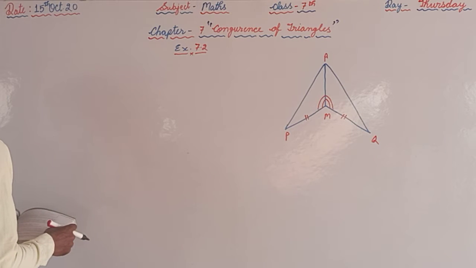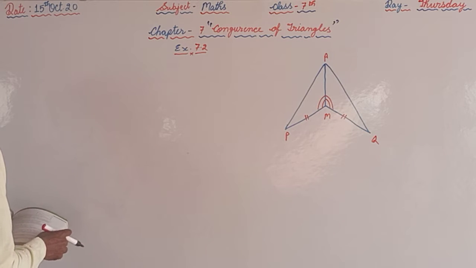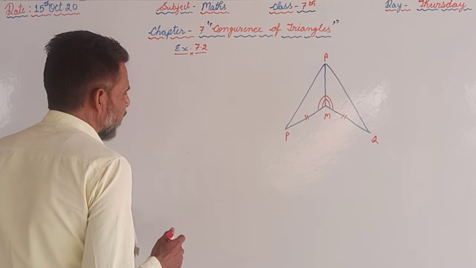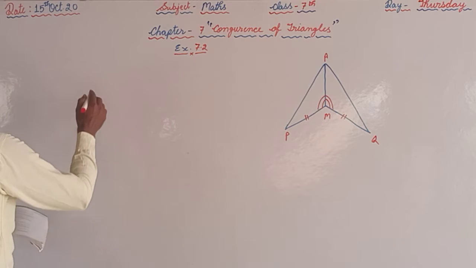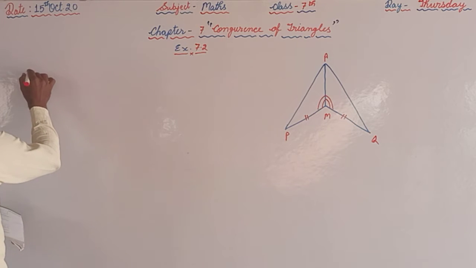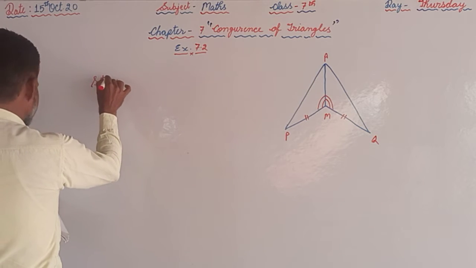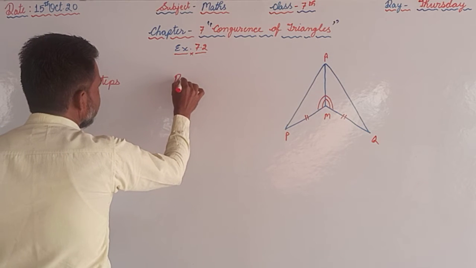So in that table we have to show triangle AMP is congruent to triangle AMQ. For that the steps are written there, steps and reasons.